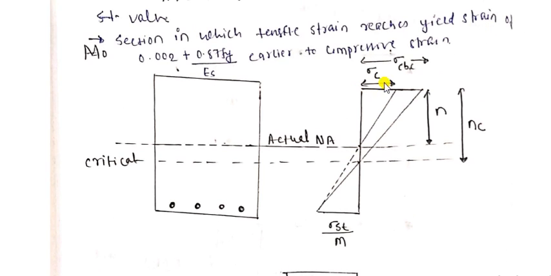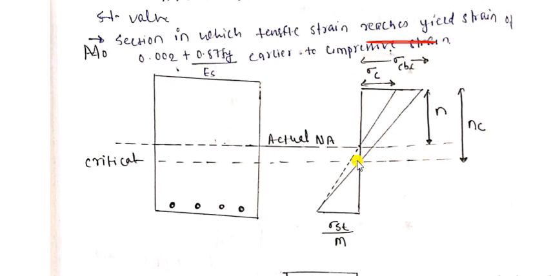See, this one is the compressive stress of concrete and this one is the maximum compressive stress. My dear friends, this one is the maximum compressive stress. The maximum compressive strength cannot be utilized.